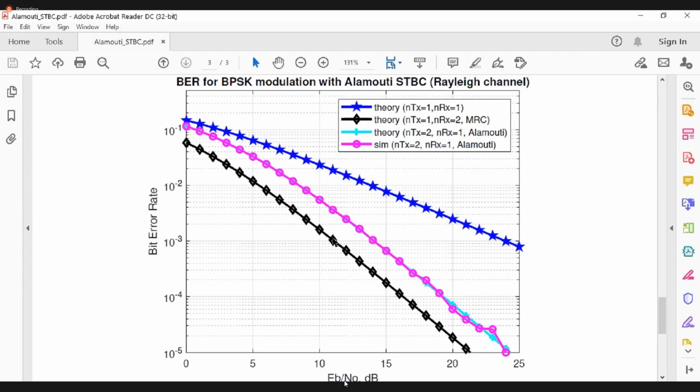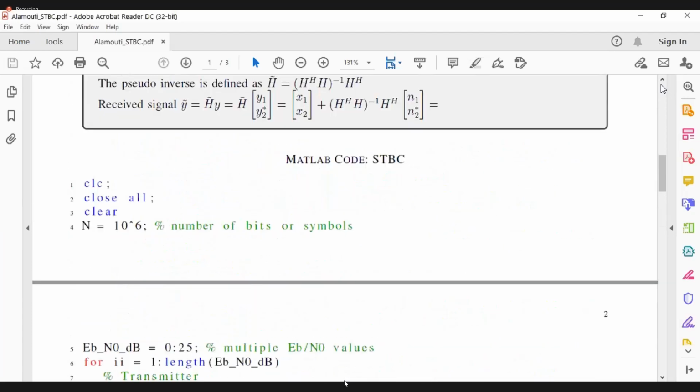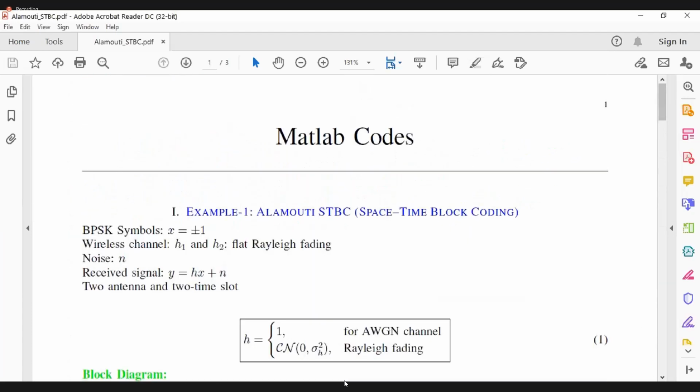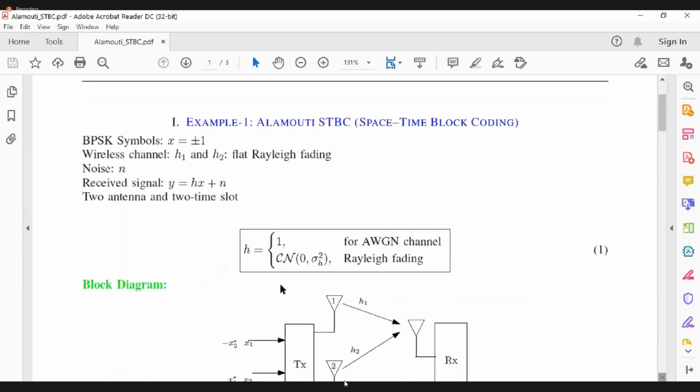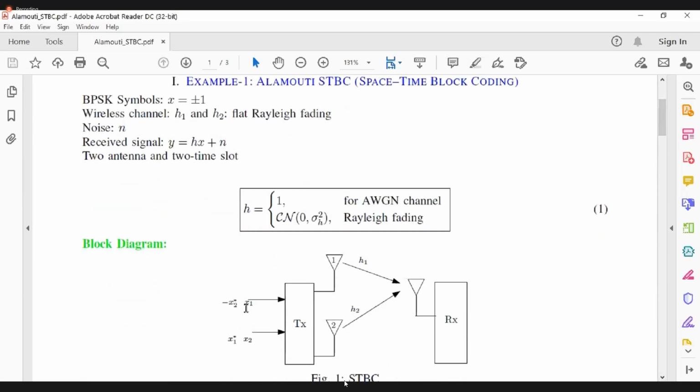So why is this 3 dB gain difference there? Better coding gain in the MRC scheme, because in the Alamouti scheme you are transmitting information in 2 time slots. Okay, so your total energy is split between 2 time slots. Suppose you have a total energy P, then you divide it: in the first time slot P by 2 and in the second time slot again P by 2.